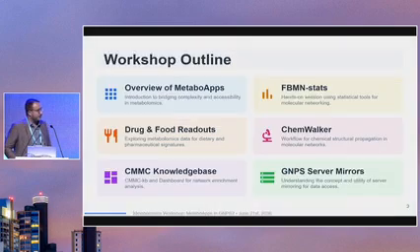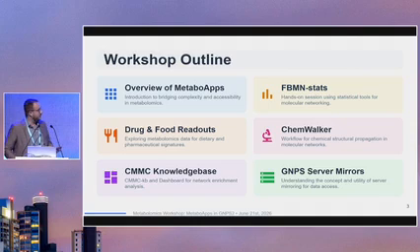The outline for this workshop, as some of you saw on the abstract: I'm going to present an overview of the MetaboApps, but these are a really diverse and long set of tools that can be applied to many different applications in metabolomics.